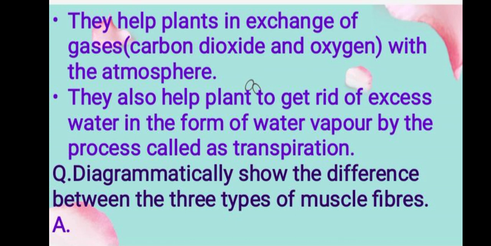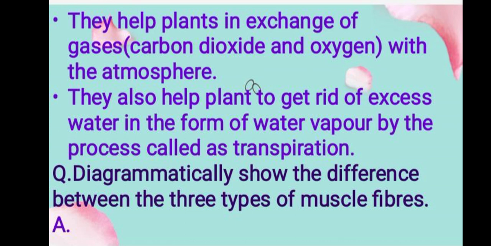They also help plant to get rid of excess water in the form of water vapor by the process called transpiration. Transpiration process is very, very important because it both keeps the plant cool, creates a cooling effect, as well as it creates a transpirational pull responsible for upward movement of water and minerals.